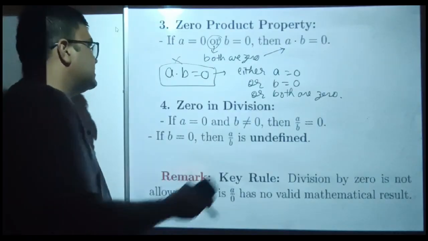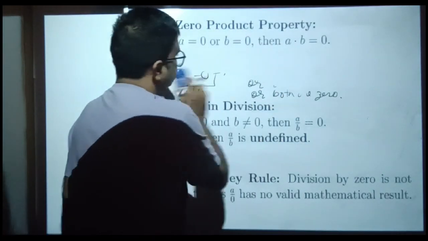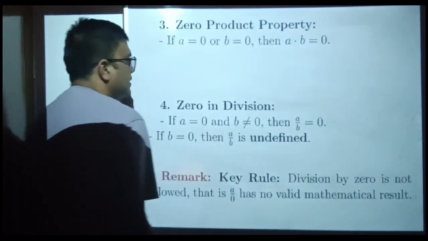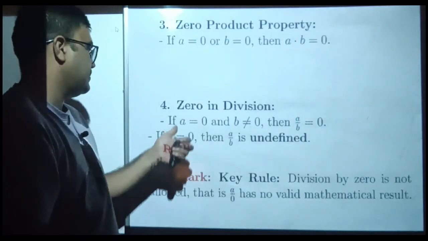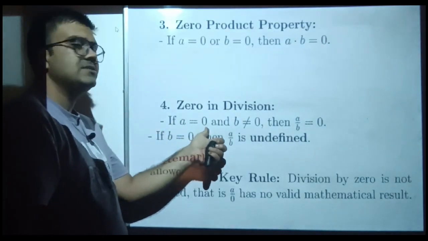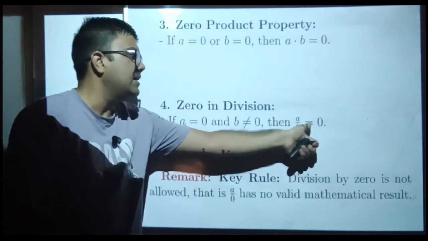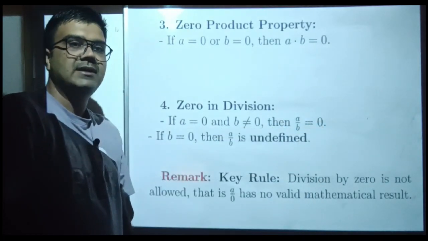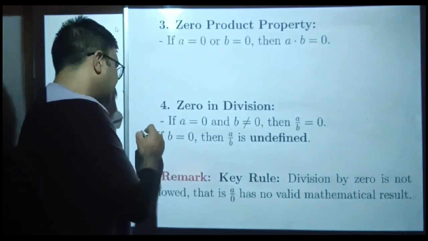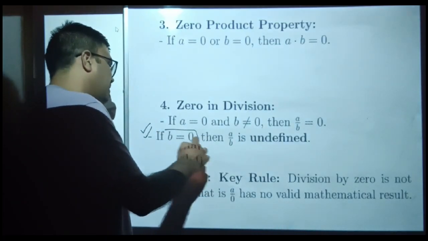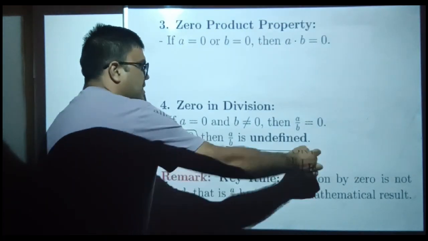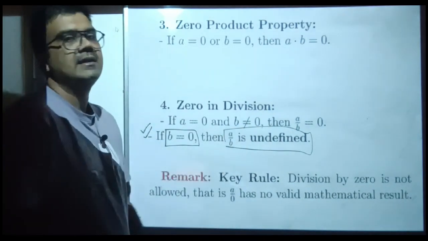Next, we are considering the case of 0 in division. If A is equal to 0 and B is not equal to 0, then A by B is 0, since the numerator is 0. This case is important. If the denominator is 0, we say A by B is undefined.